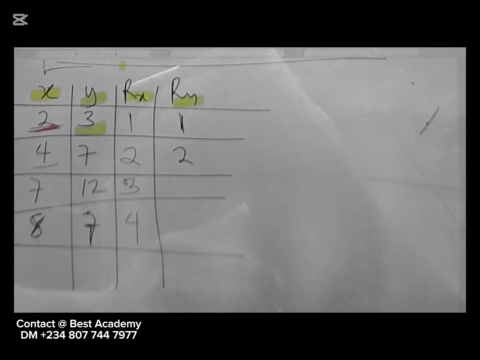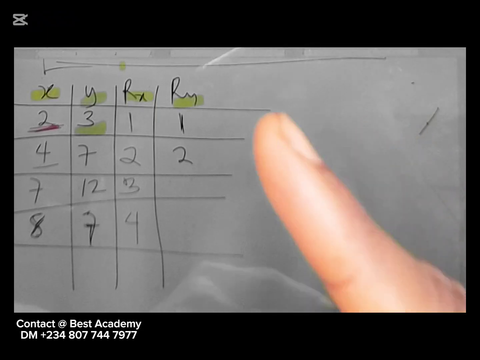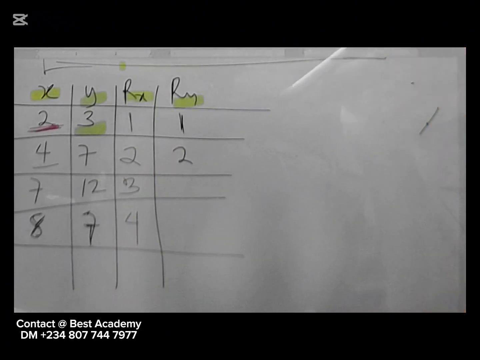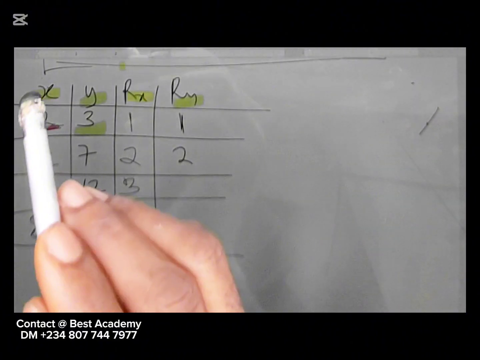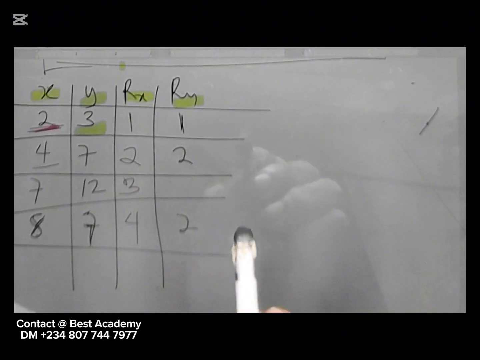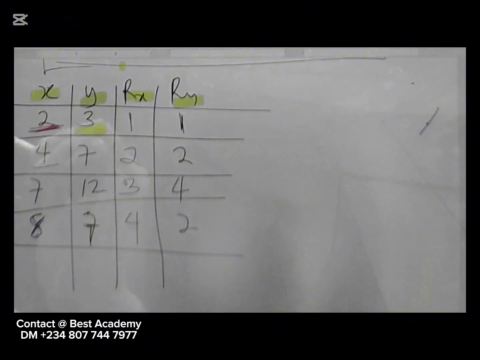Whenever there is a bracket position, you don't give the next position. If there is a bracket second position, you don't have third position, you have fourth position. If there is a bracket third position, you don't have fourth, you have fifth position. So there is a bracket second position, which is 2 and 2 here. That means I don't have third position. I'm going to have fourth position here.